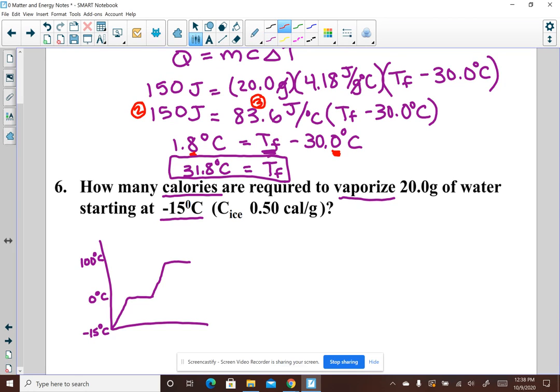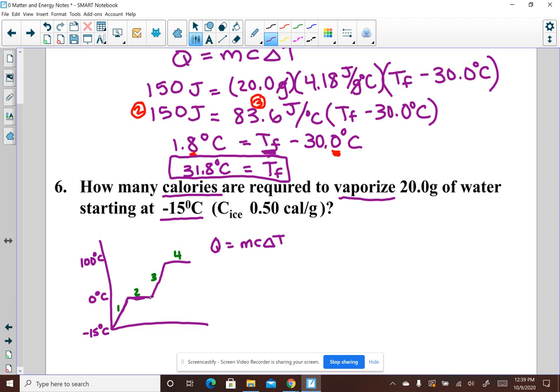So I have to do, let's use a different color, 1, 2, 3, 4 different formulas to get how much heat is required to get through this whole process. This is going to be really long, so start on the left side of your paper. Let's look at number 1. During this section, my temperature is increasing, so I'm going to use MCAT.